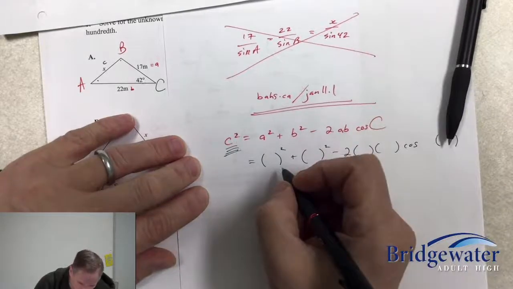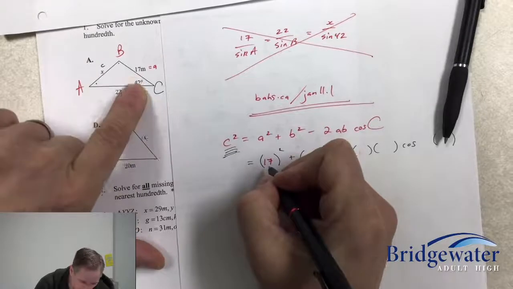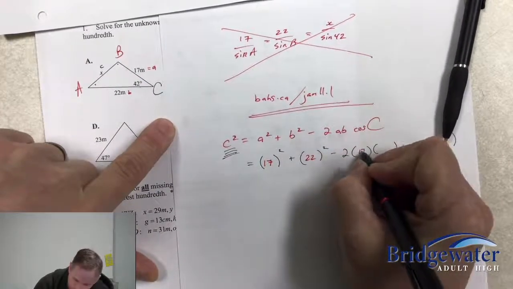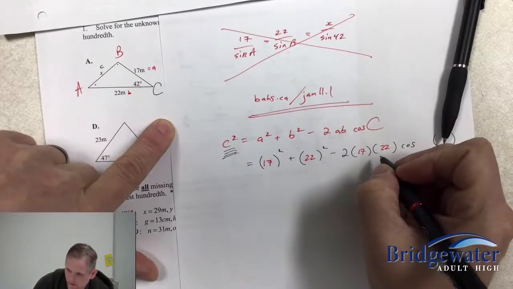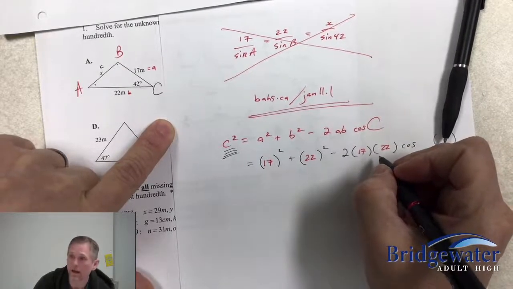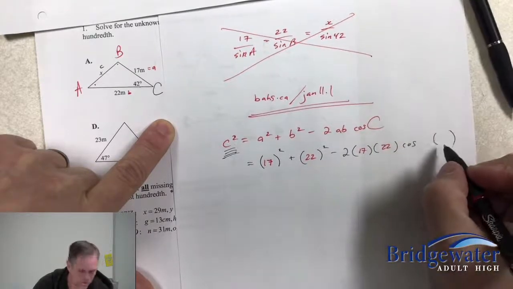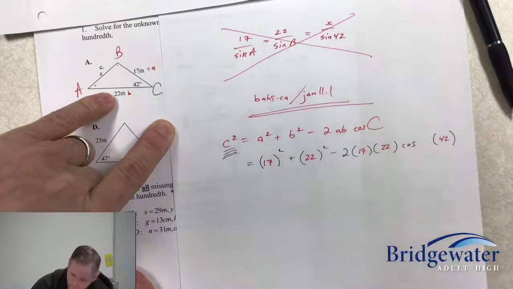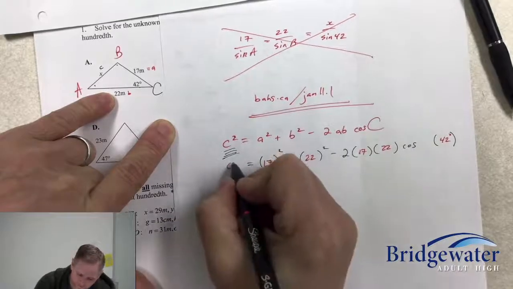Filling in the numbers, a value is 17, 17 squared. B value is 22 squared, minus 17, 22, and cosine of the angle, 42 degrees, of course. And that's equal to c squared.